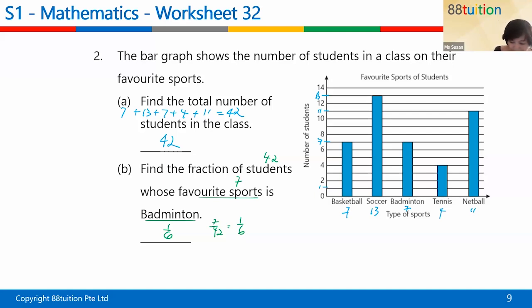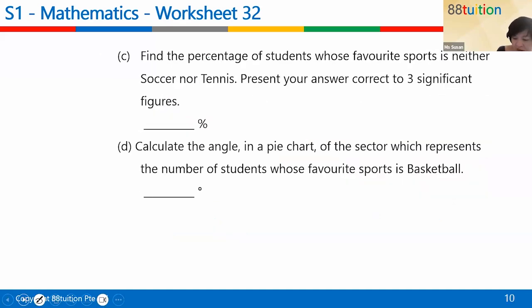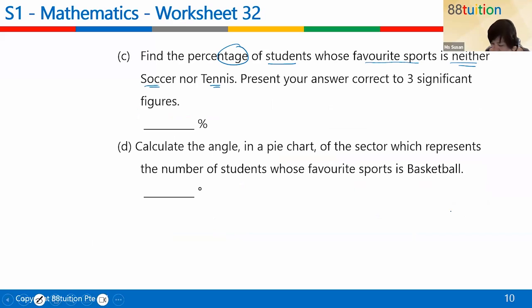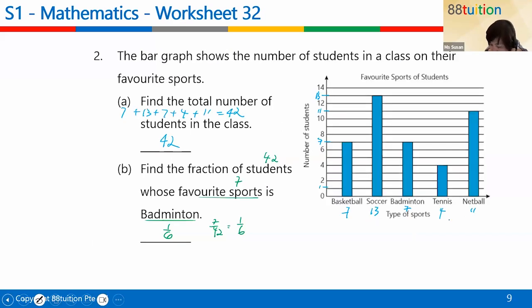Okay. For the third question, what they want you to find is the percentage of the students whose favorite sport is neither soccer nor tennis. So I need to search for soccer and tennis, so pay attention to soccer and tennis.